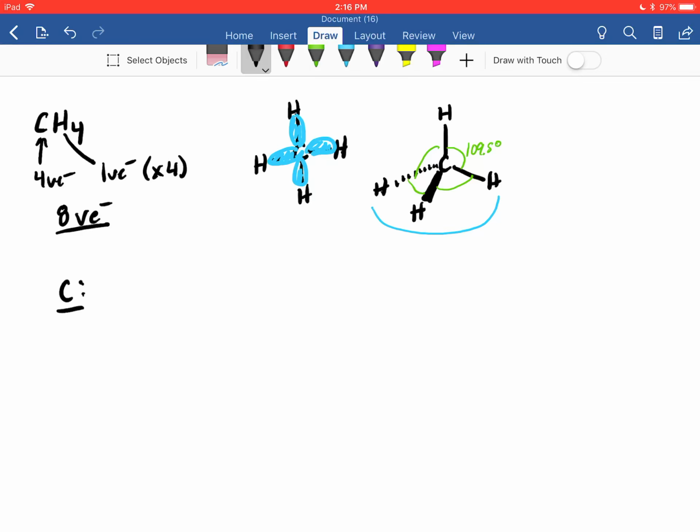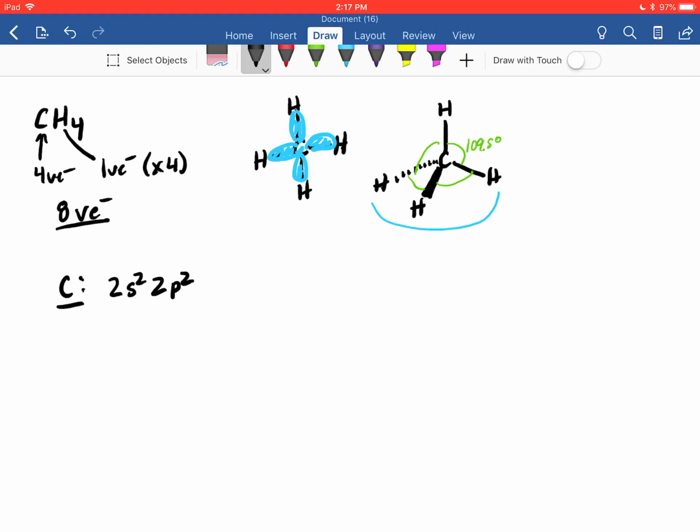Carbon has a valence electron configuration of 2s2, 2p2. And then hydrogen has a valence electron configuration of 1s1.